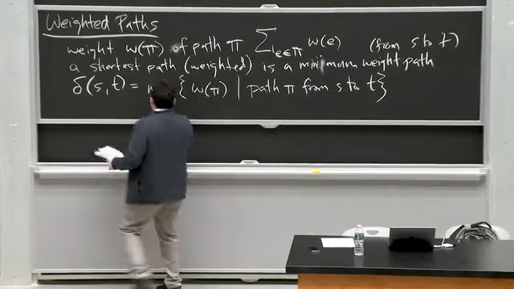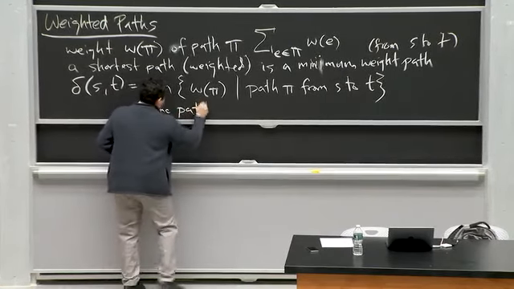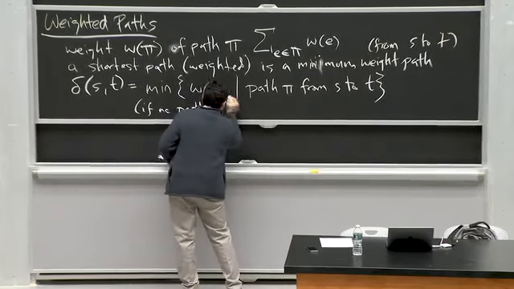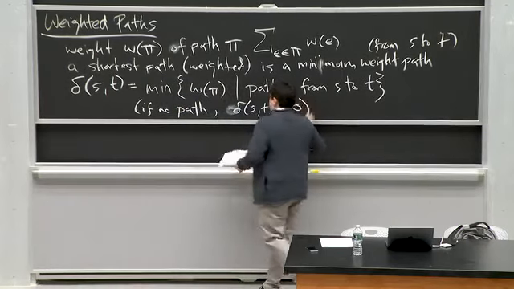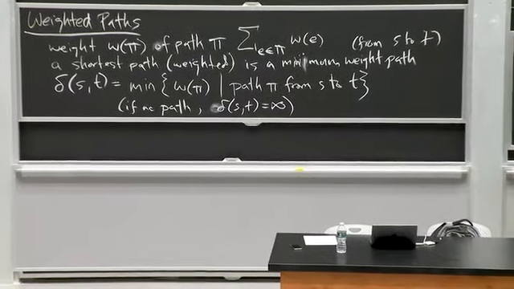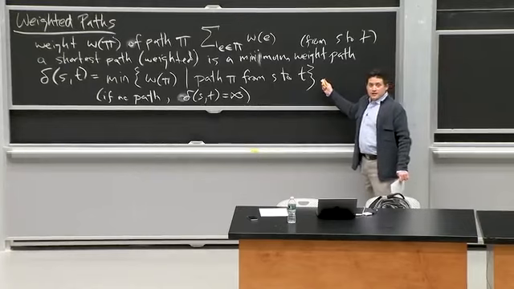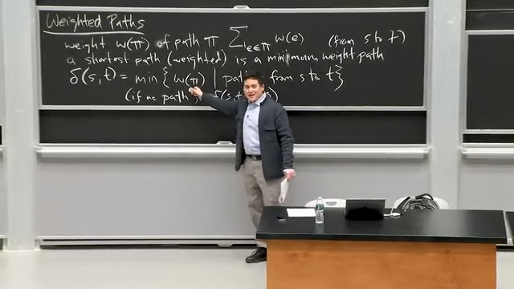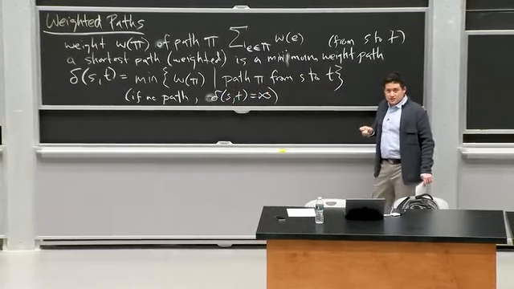So if there is no path, by convention we set delta of S to T equal to infinity. But there's one additional problem with weighted shortest paths, and it's a little subtle. It's possible that a finite length shortest path doesn't exist.